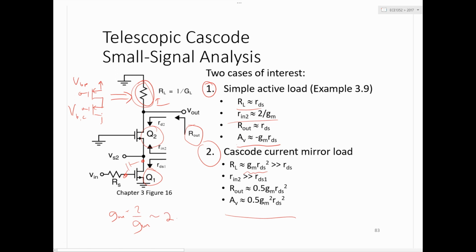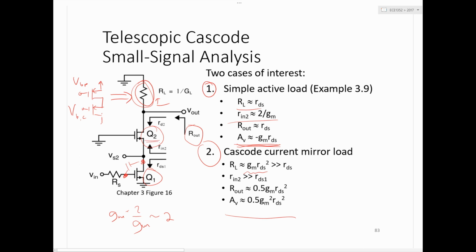If you compare it to a common source counterpart, that would give you a very similar voltage gain, GMRDS. The common source amplifier would have a Miller multiplier of GMRDS because the gain is being seen across these two nodes.